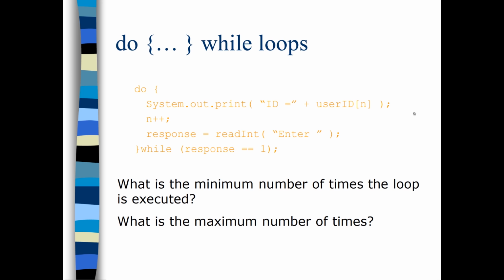So one thing important to note is that even if the condition is false, the do while loop will execute the block at least once, and not more than once, and if the condition returns true, then it will execute until the condition is met. So again I would like to throw you the same question for this as well: what is the minimum number of times the loop is executed, and what is the maximum number of times the loop is executed?